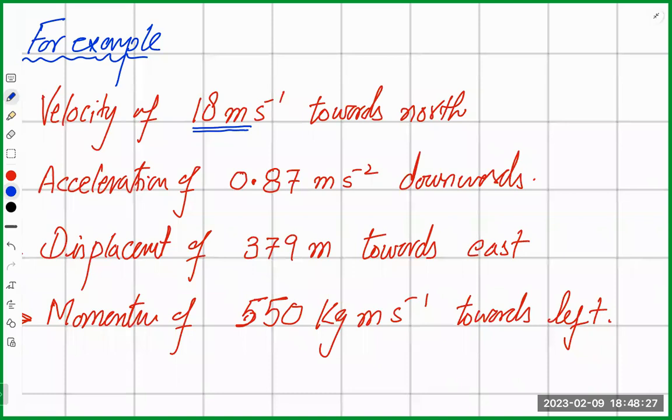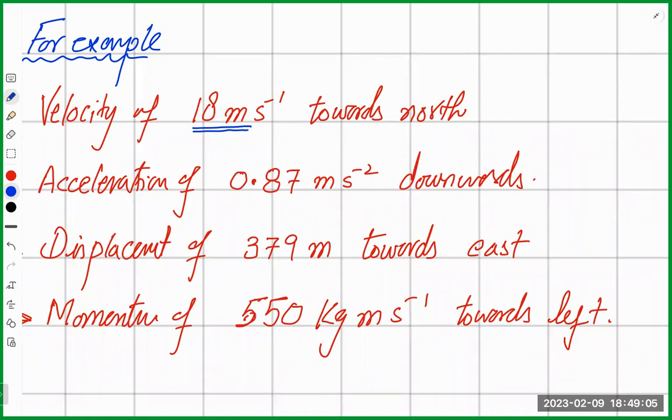For example, if somebody makes 10 meter per second for each centimeter, that would make a line of 1.8 centimeter, which is a very small length as compared to the size of the paper we have. So that won't be a very suitable scale. Or if you take 1 meter per second for 1 centimeter, that means you have to draw a line which is 18 centimeter long. Again, that is not a very good selection.